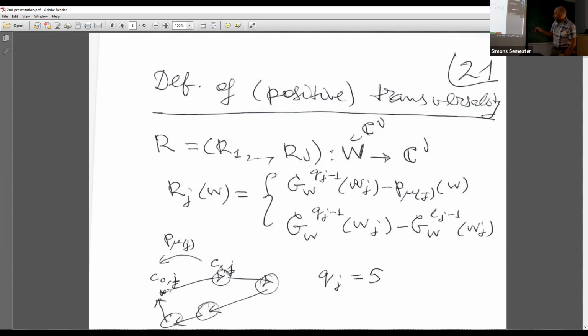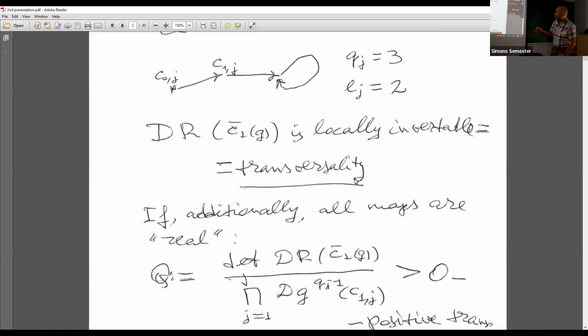We say that there is transversality if the derivative of this map, the linear part, is invertible. It's just a matrix, a linear map, so it's invertible.